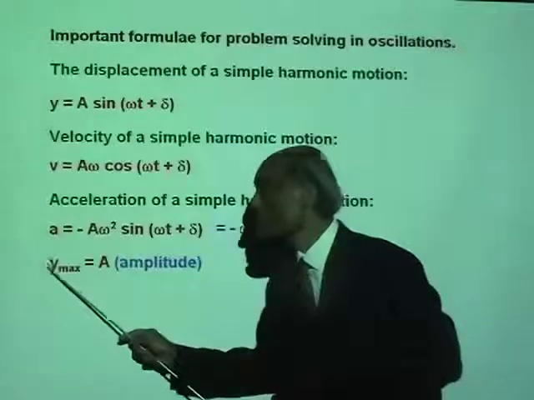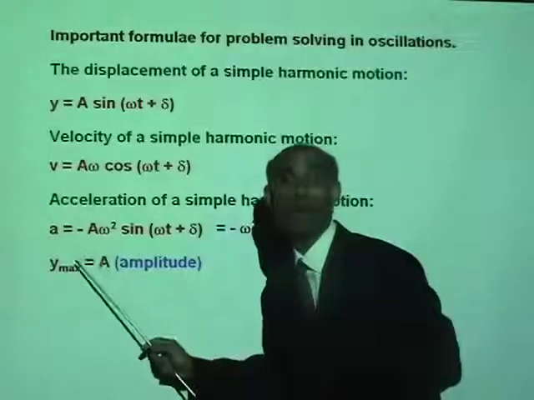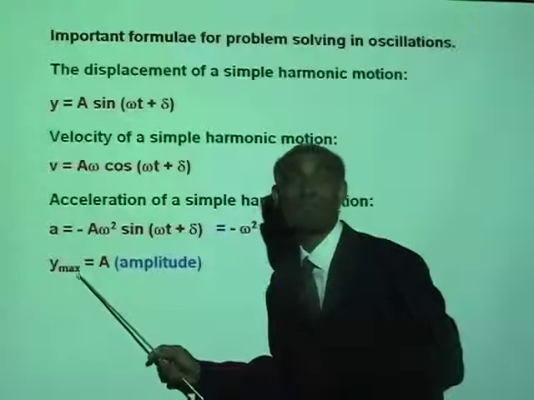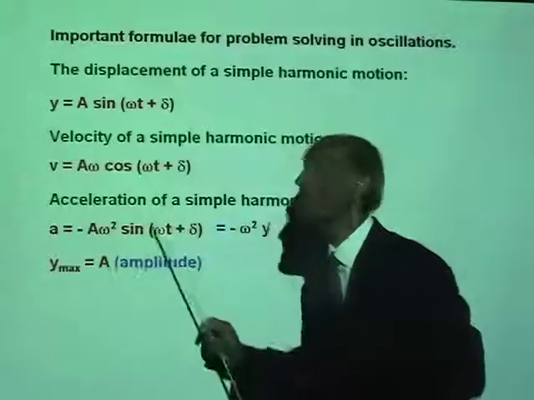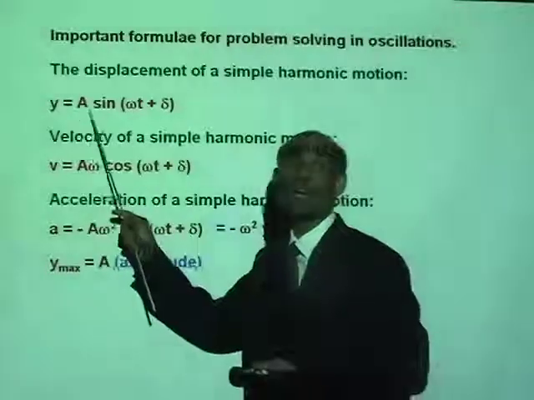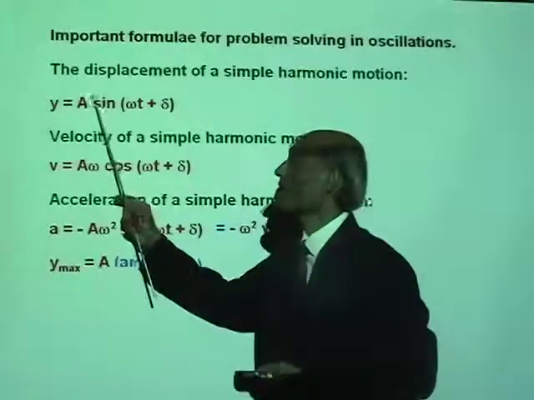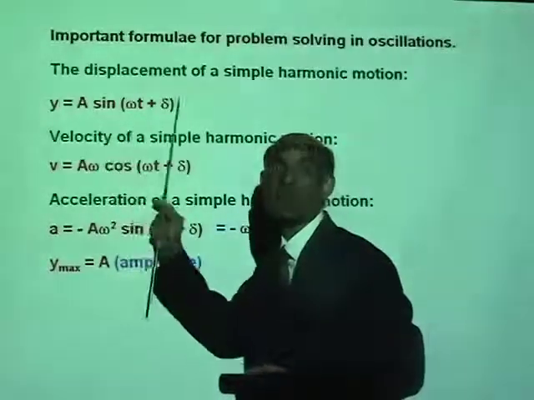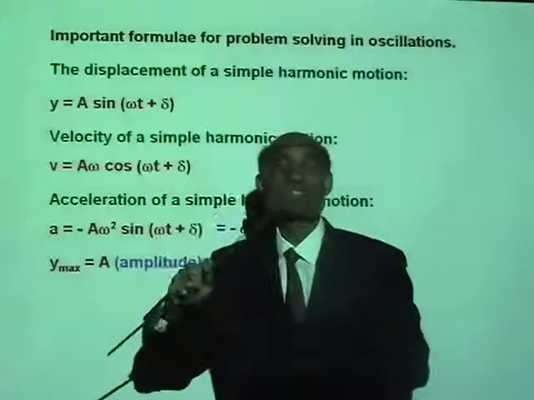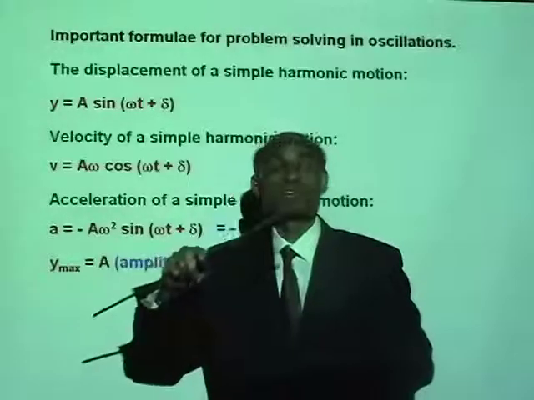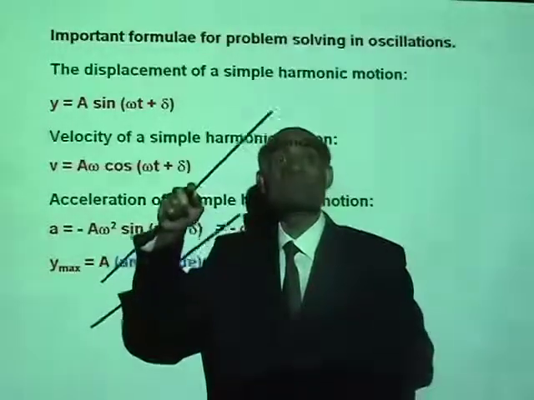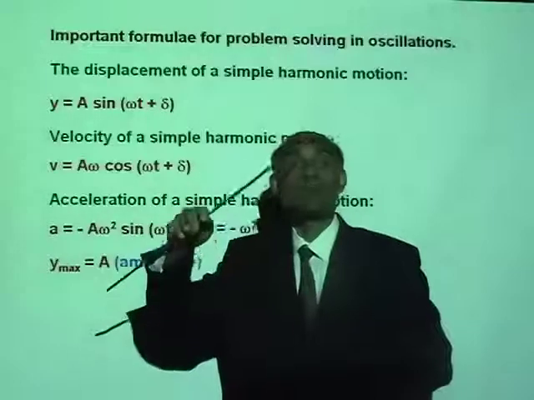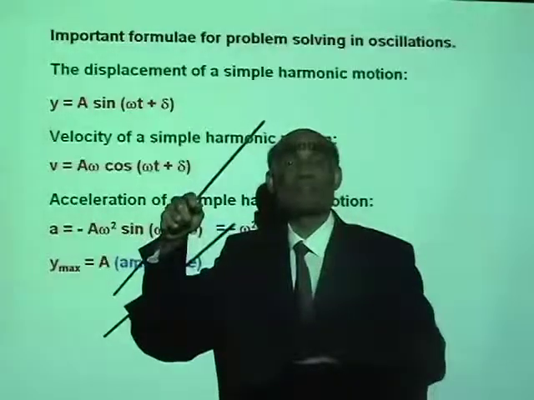What is the maximum value of y? Maximum value of y is A, the amplitude. If you look here, tell me, what is the maximum value of the sine quantity? If you know your sine values, sine has the maximum value of 1. Sine of pi by 2 is 1.